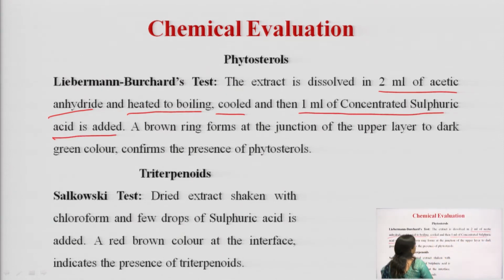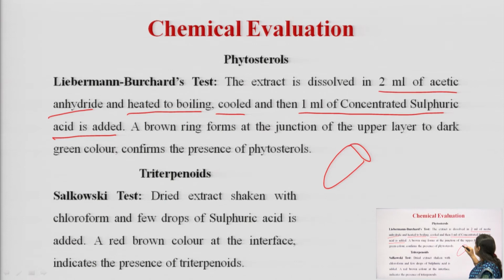After that we heat it to boil, cool it, and then we add 1 ml of concentrated sulfuric acid. Whenever we add concentrated sulfuric acid, we add it from the side. Imagine this as a test tube: the sulfuric acid goes to the bottom and collects there, and above that we have the other layer of our drug.